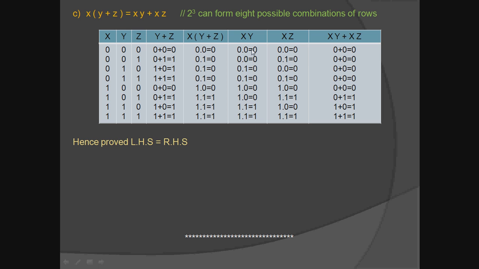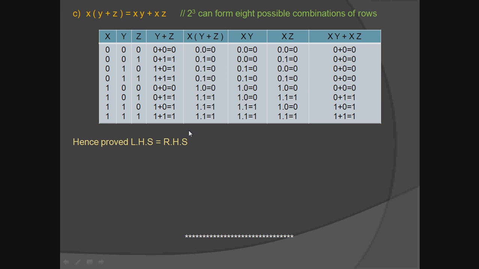Then on the right hand side, we multiply x into y, so we get these values, and then x into z, we get these values, and finally we add the result of this with this, so we get this value. The left hand side is 0 0 0 0 0 1 1 1, and on the right hand side we get the same values, 1 1 1 at the bottom, right? So LHS is equal to RHS, hence we proved that.